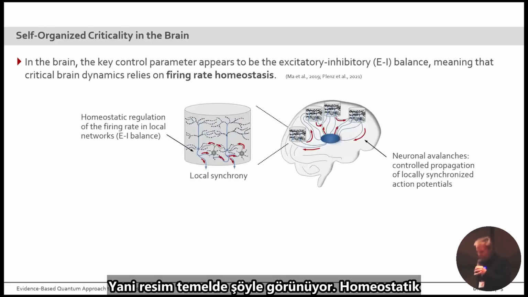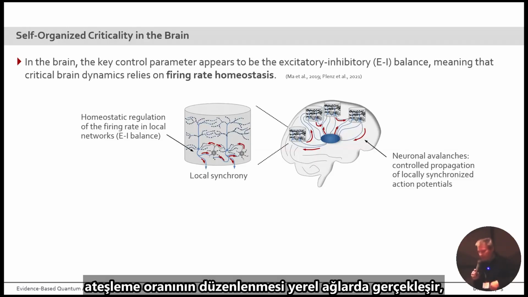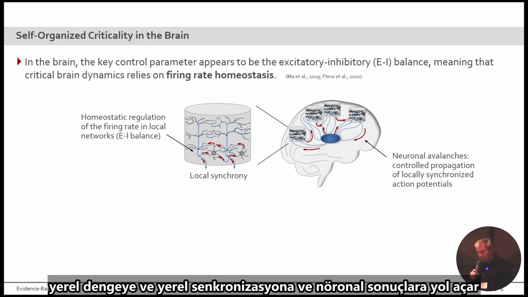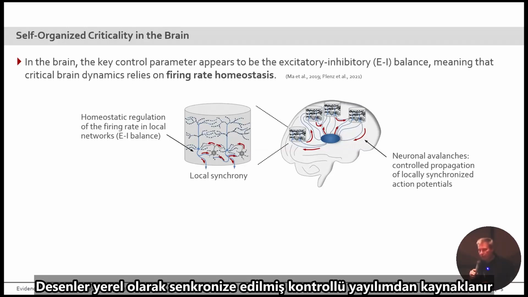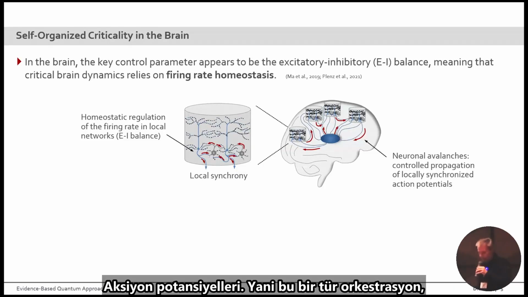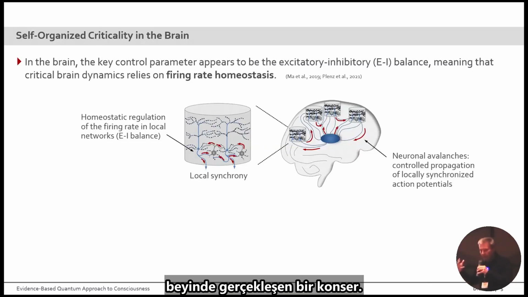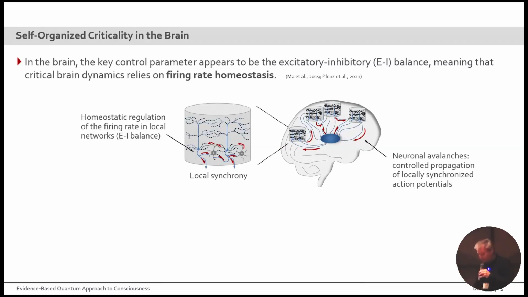So the picture looks basically like this. The homeostatic regulation of the firing rate takes place in local networks, leads to local balance and local synchrony, and neuronal avalanches and finally large-scale synchronized activity patterns result from the controlled propagation of locally synchronized action potentials. So this is a kind of orchestration, a concert taking place in the brain.